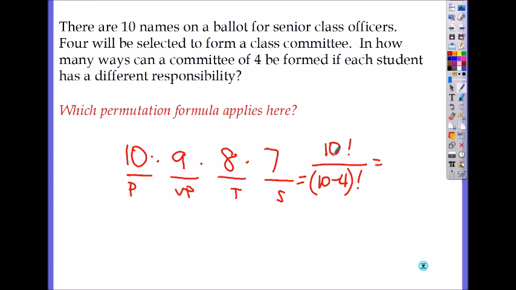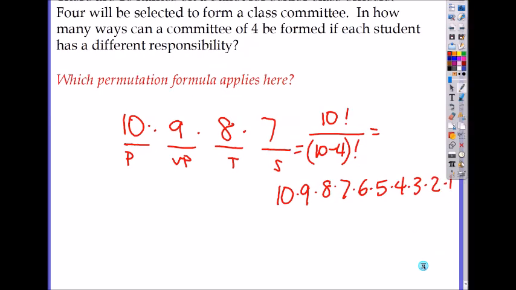You decrease it by 1. So I'll write it here: 10 times 9 times 8 times 7 times 6 times 5, 4, 3, 2, 1. But a lot of times we don't write 1 because multiplying by 1 is the same as itself. And we are dividing by 10 minus 4, which is 6 factorial. So that is 6, 5, 4, 3, 2, 1.